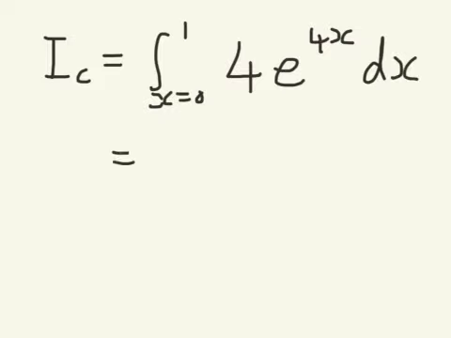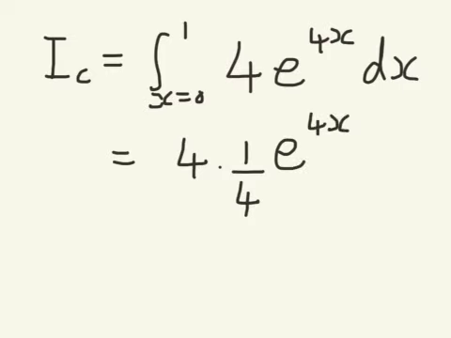So when we integrate this, the 4 stays where it is, and then when we integrate e to the 4x, we get 1 over 4 e to the 4x. If you're not sure about that, then try differentiating it and see if you come back to the original.